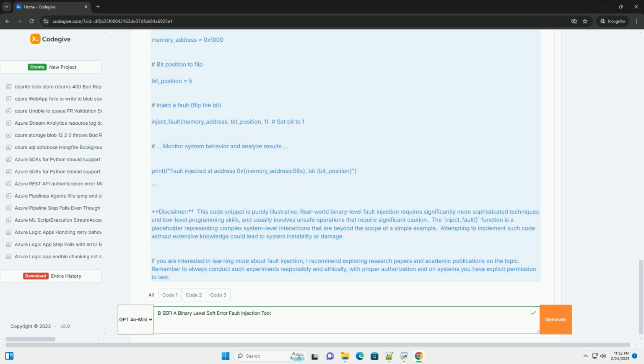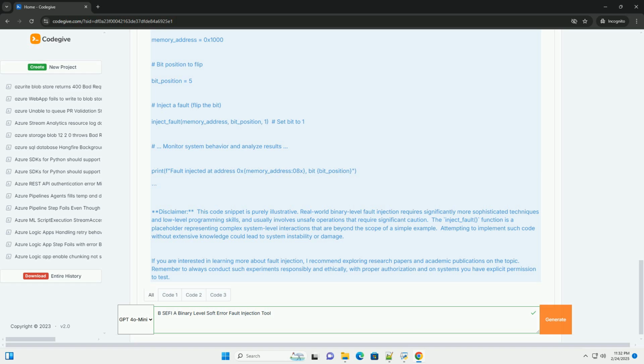This example illustrates a simplified concept of memory-based injection, using Python, and assuming access to a memory region via a hypothetical function inject_fault. Disclaimer: this code snippet is purely illustrative.